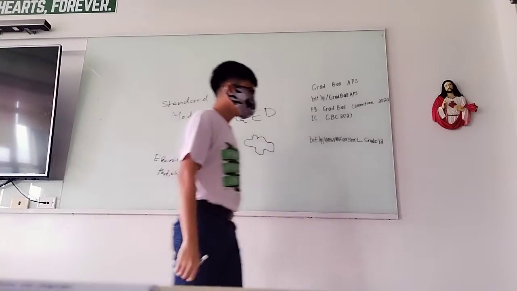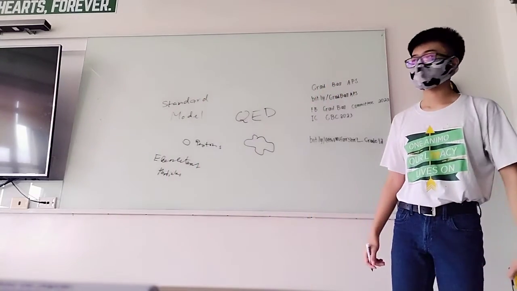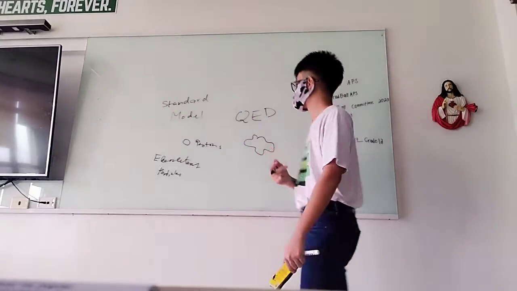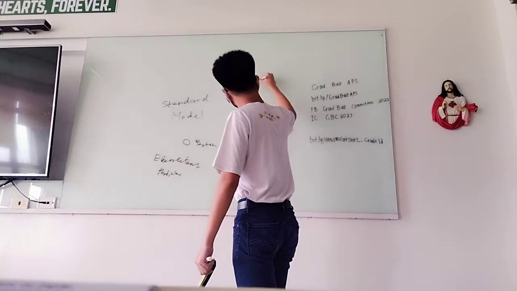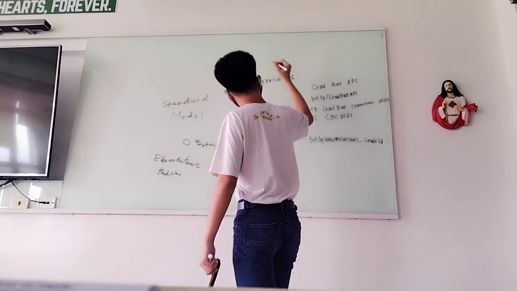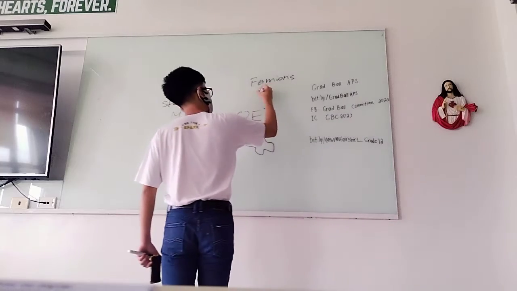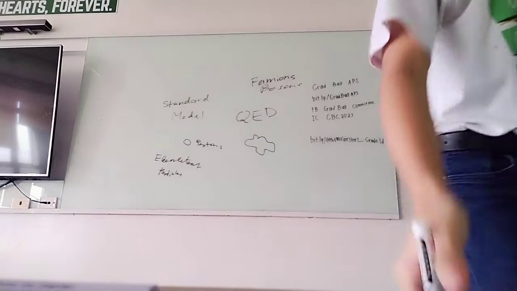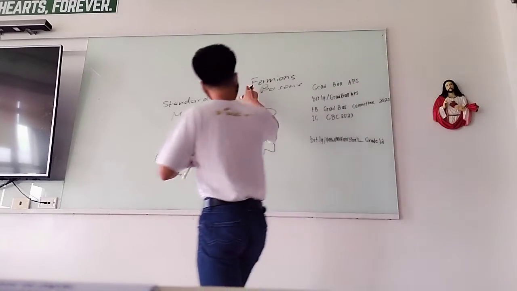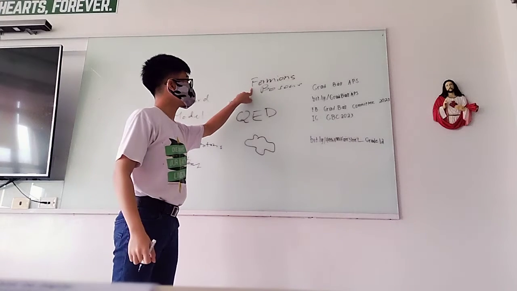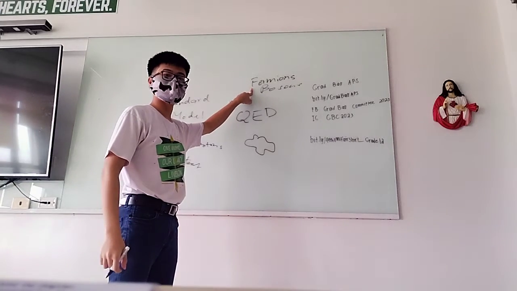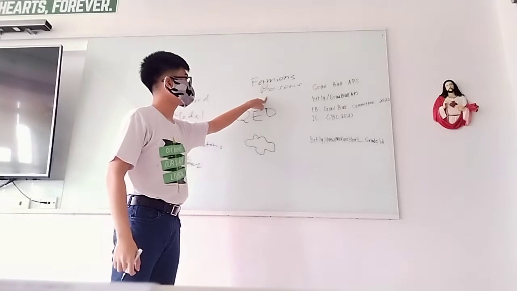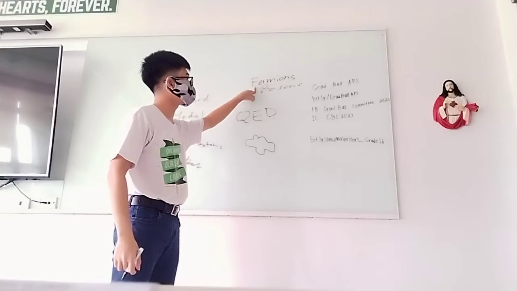There are many of these elementary particles, but they are separated into two main groups, which are the fermions and the bosons. The fermions are split into two main types here, and the bosons are what mediate various forces between the fermions.